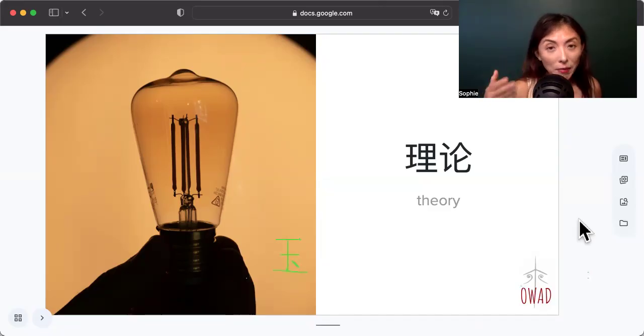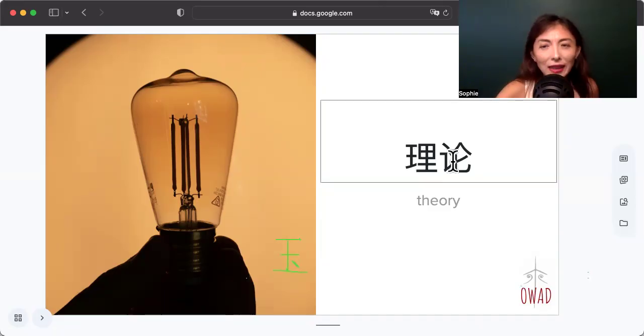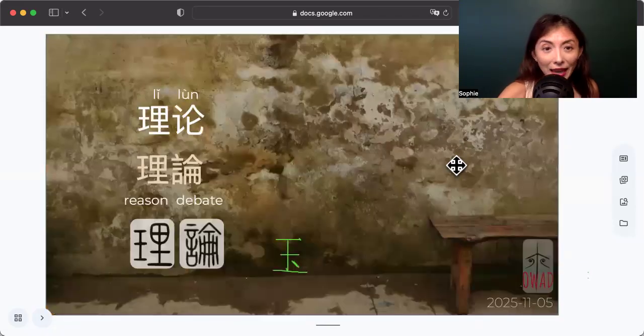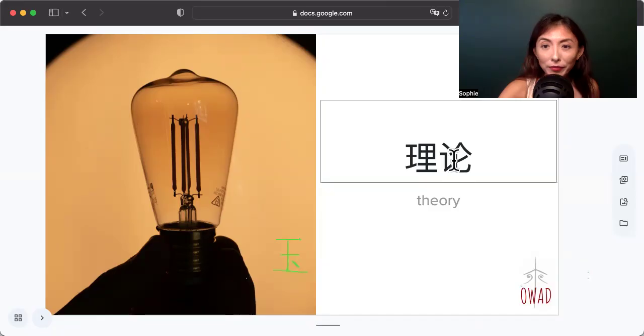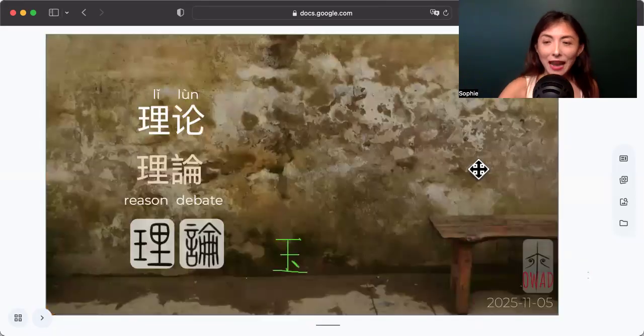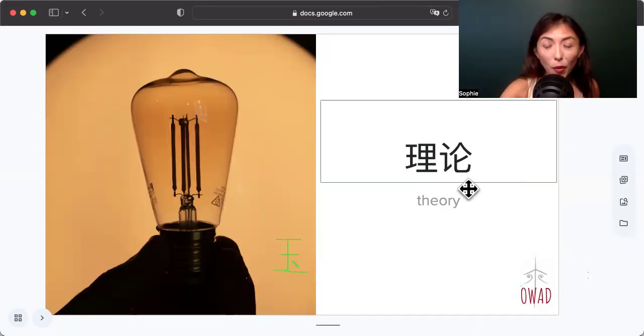A theory is somebody who comes up with an explanation about things, and that's one viewpoint. It can be proven wrong eventually, right? So here, Li Lun: Li, the reasoning, verbalized, right, with the speaking sign, and then you sort out things, and that's a debatable way of reasoning, right?